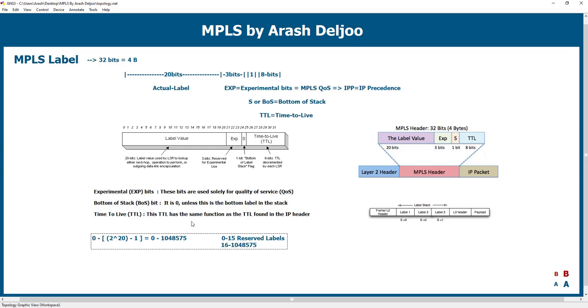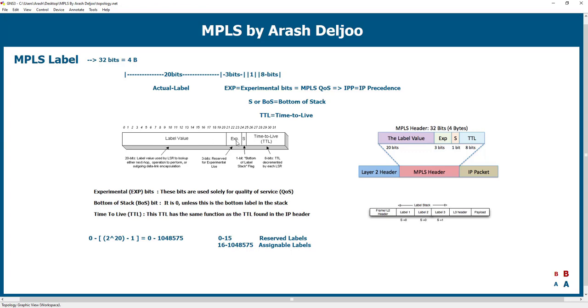These are the assignable labels in the MPLS network. I will talk about these reserved labels later. Now we only use these assignable labels. Okay, this is the first part, the actual label, and in the previous video I used this part of the MPLS label.